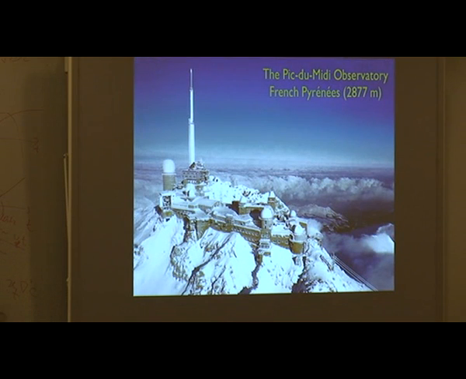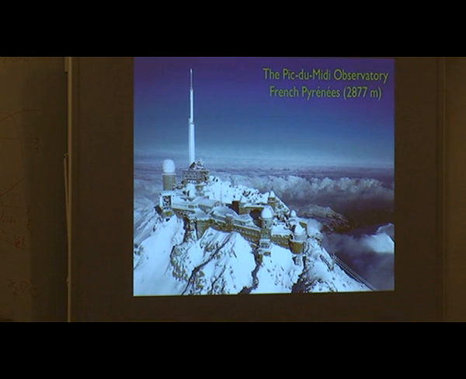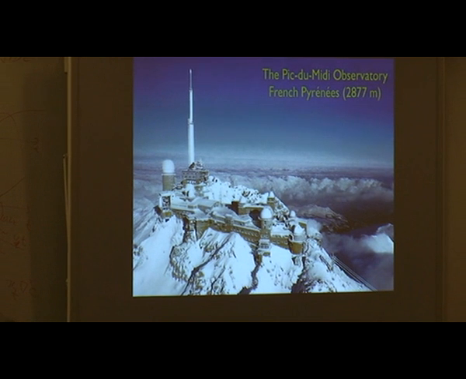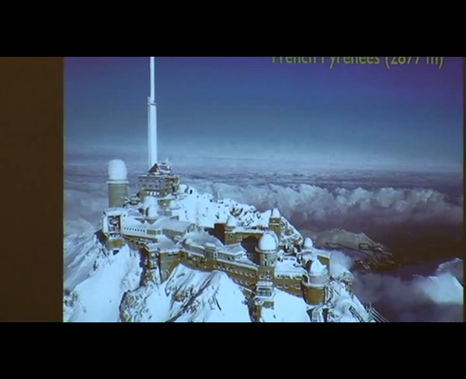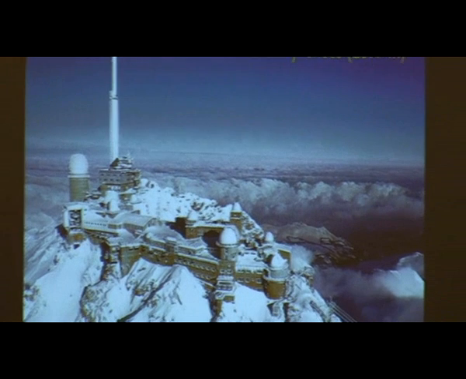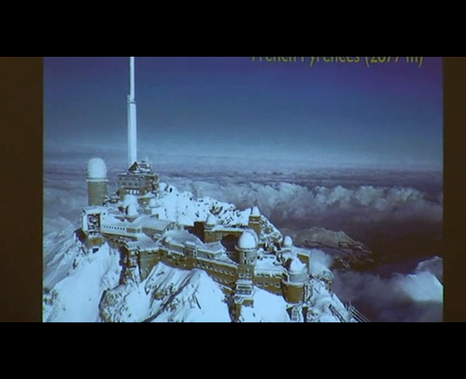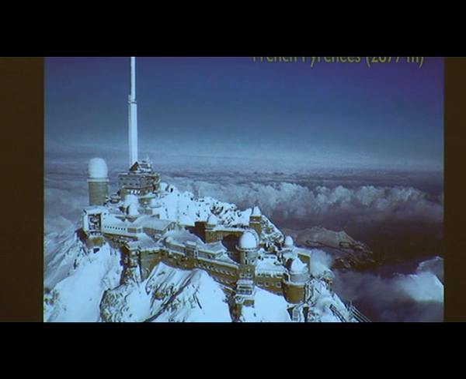Okay. First, this beautiful picture. Maybe it will be a good place for a Pencil Code meeting. In Toulouse, it's my observatory. My lab is in Toulouse, and this observatory is linked to my lab.